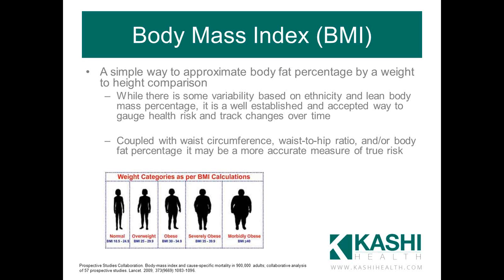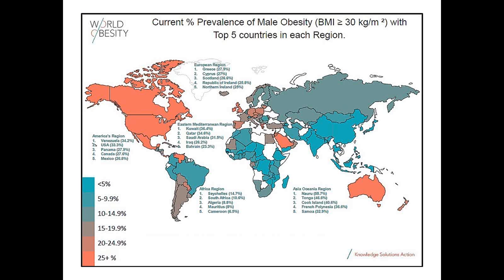There is some variability based on ethnicity and percent of muscle mass that your individual patients may carry, so it may be a better measure of true risk when you couple the body mass index with a waist circumference, a waist to hip ratio, or if you have the tools at your disposal, body fat percentage, to truly gauge their obesity state. However, BMI is still the international standard for recognizing obesity.